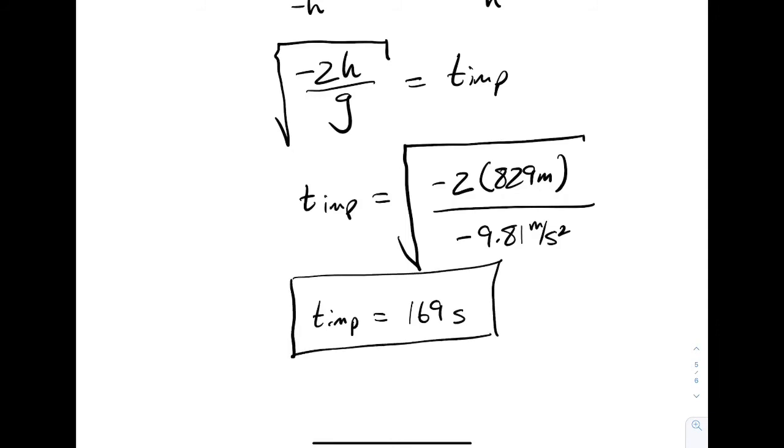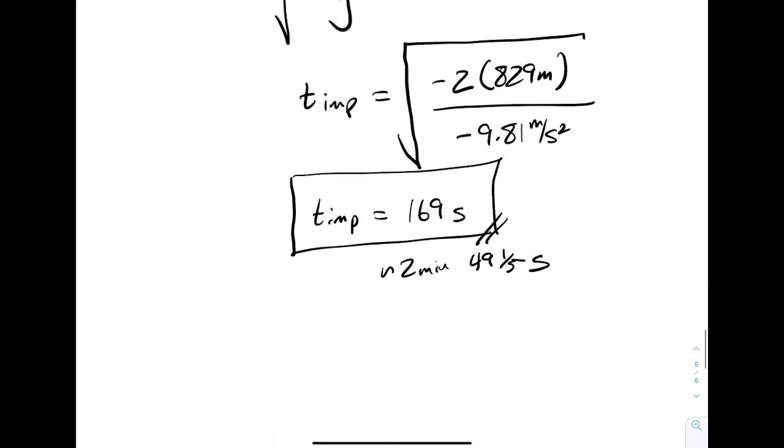That's a long time. That's approximately 2 minutes, 49 and a fifth, or 49.2 seconds. So that's a long time to be airborne. But that's the answer for part A. And time is a scalar, so we don't have to worry about direction, right?